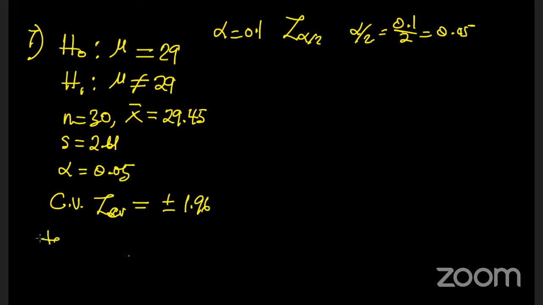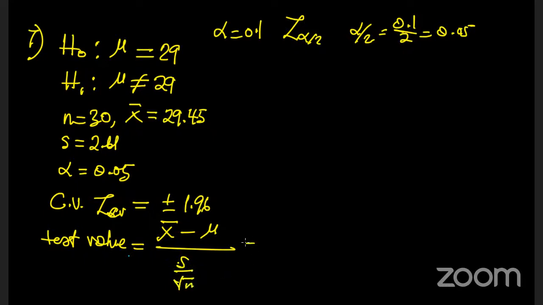So what's our test value? Our test value is equal to this minus that, divided by S all over the square root of n. Let's quickly do this. Substitute the values.